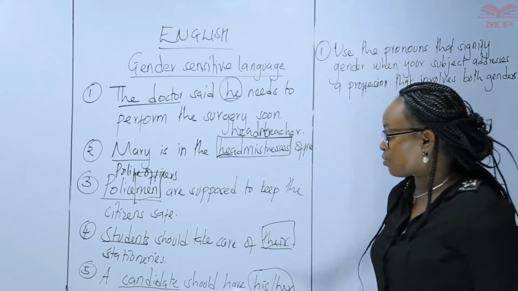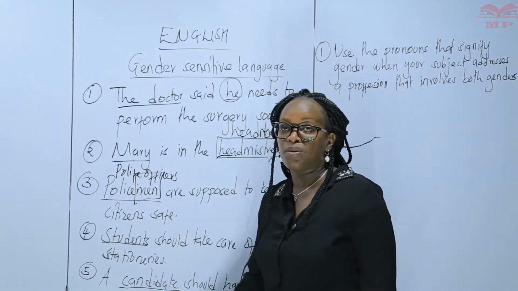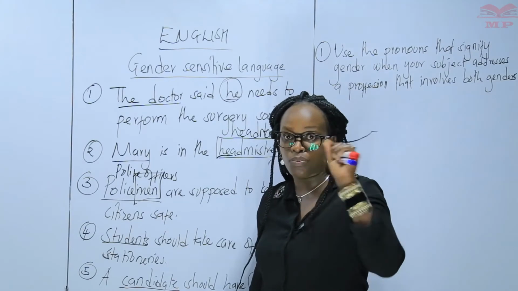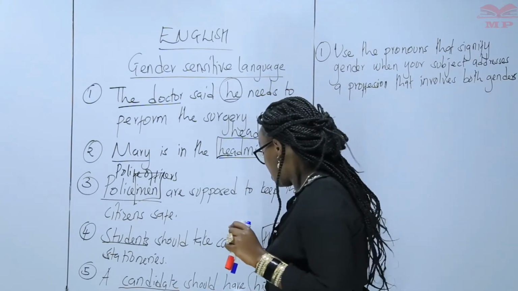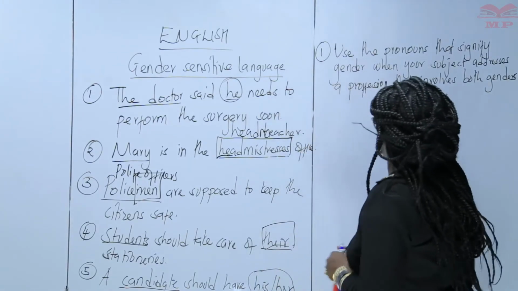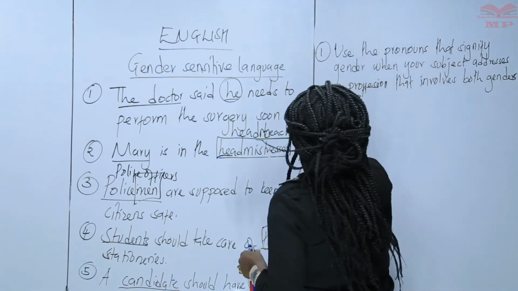So in the cases where you find that your subject, the subject in the sentence is a noun that talks about both the genders, make use of pronouns such as his or her. Okay, another thing that you can actually do to avoid being gender biased.